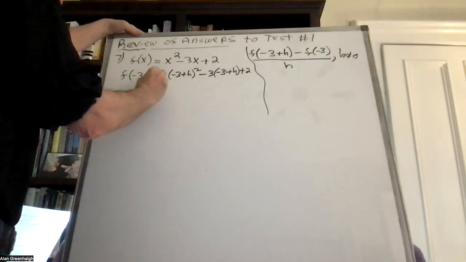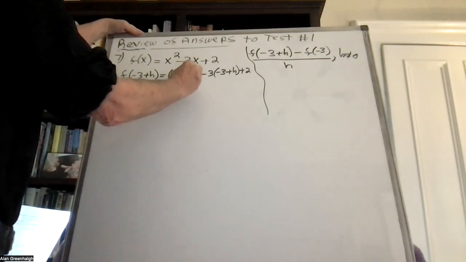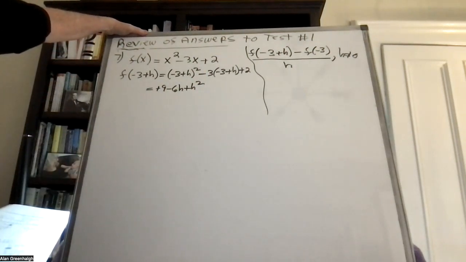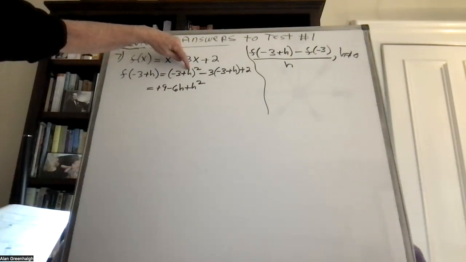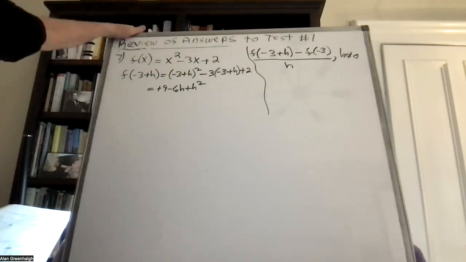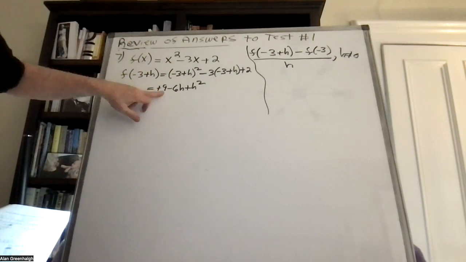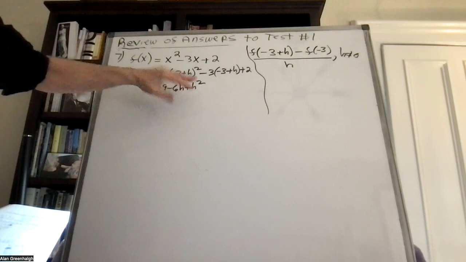When you do that, you're going to get +9, -6h plus h squared. And if you need to verify that for yourself, you could just multiply -3 plus h times -3 plus h. And that would give you not -9. A lot of people have -9. It's +9 because it's -3 times -3. Okay, so you're getting that there.